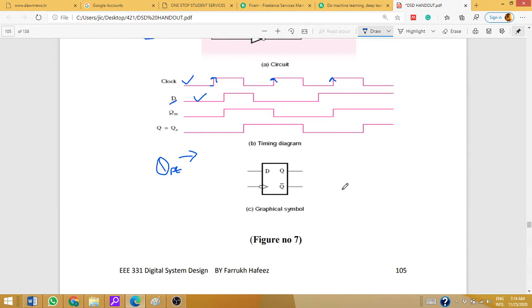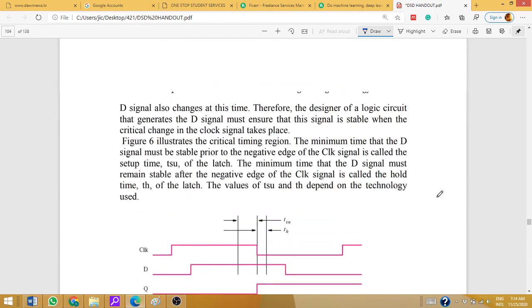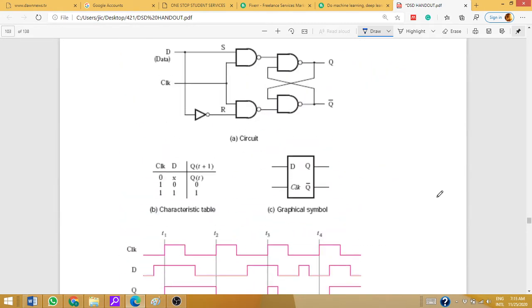Just to recall, what is the difference between the D latch and D flip-flop symbols? If you see here, let me do one thing here.